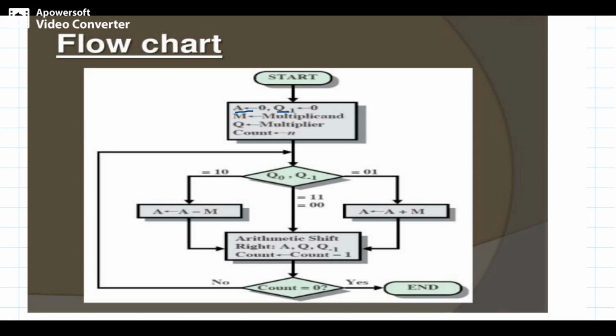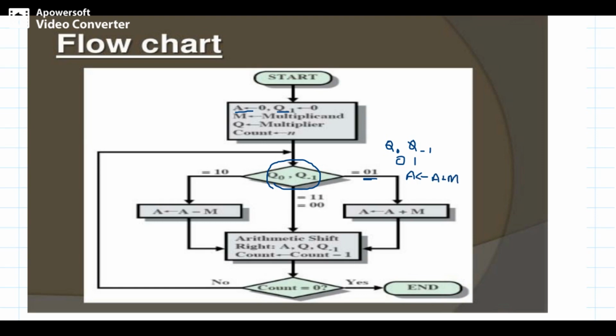Each time we check the value of Q0 and Q minus 1. If it is 0 1, we consider A is nothing but A plus M.